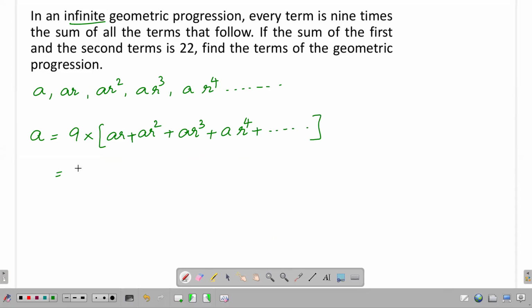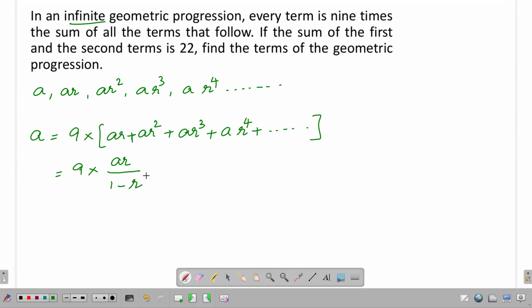So this gets me 9 times the sum to infinity. Here, you can take ar as the first term. The common ratio is r. So a by 1 minus r, here it will be ar by 1 minus r.